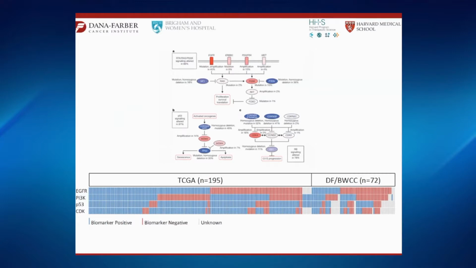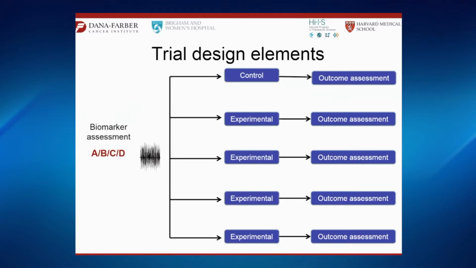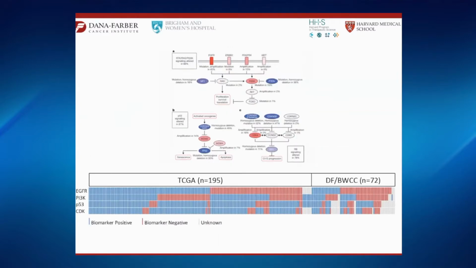But the other issue is, and again, I've said this before, this is our TCGA data and our data. We were looking at different pathway alterations because we were designing a platform trial for glioblastoma for these specific biomarker categories, and we thought, okay, do they overlap? So we have an EGFR biomarker, a PI3 kinase biomarker, a p53 biomarker, and a CDK biomarker, and each of these biomarkers have rules.